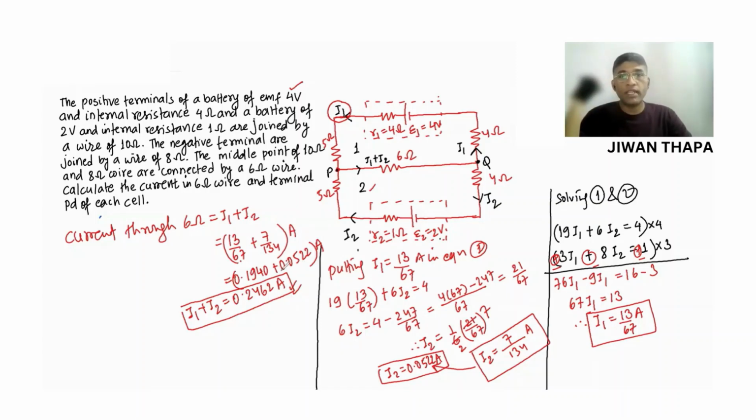Now, we are asked to find terminal PD of each cell. So I1 is 13 by 67 ampere and I2 is 7 by 134 ampere. And I'm erasing this now.